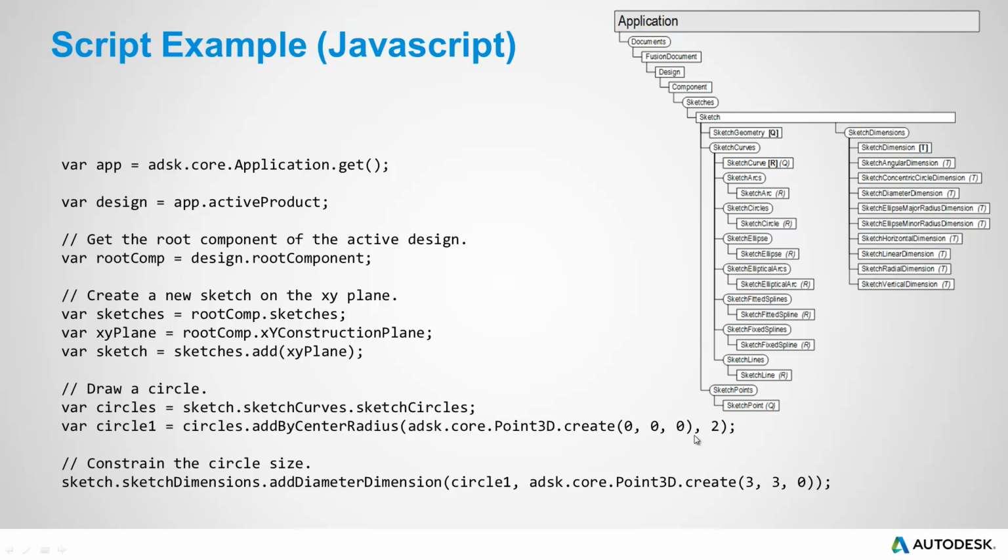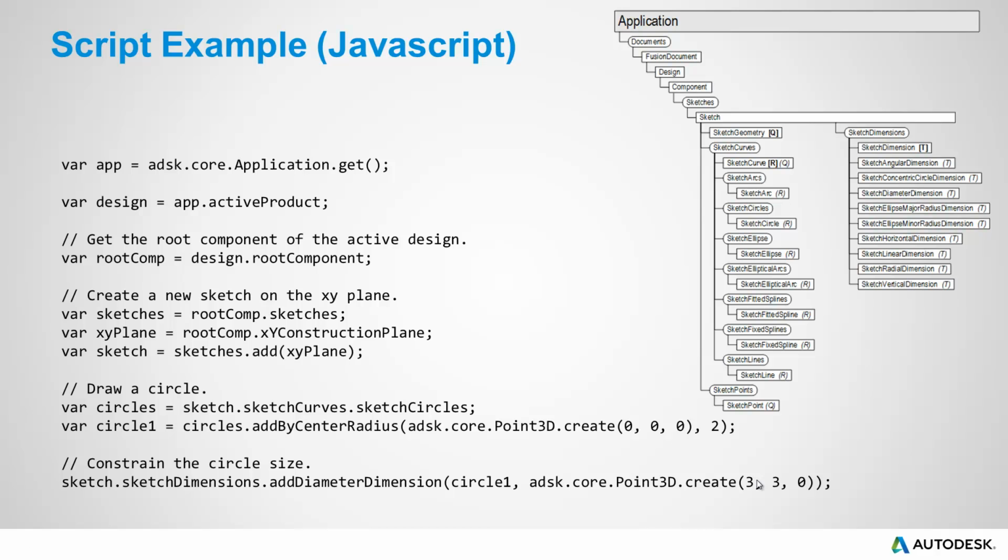This creates a new circle on this sketch and passes back the circle. Then also a sketch owns sketch dimensions, so it's calling the sketch dimensions property, getting the sketch dimensions object back. Then on that object, it's calling the method add diameter dimension, passing in the circle and also defining another point for where the position of the text of the dimension is going to be.